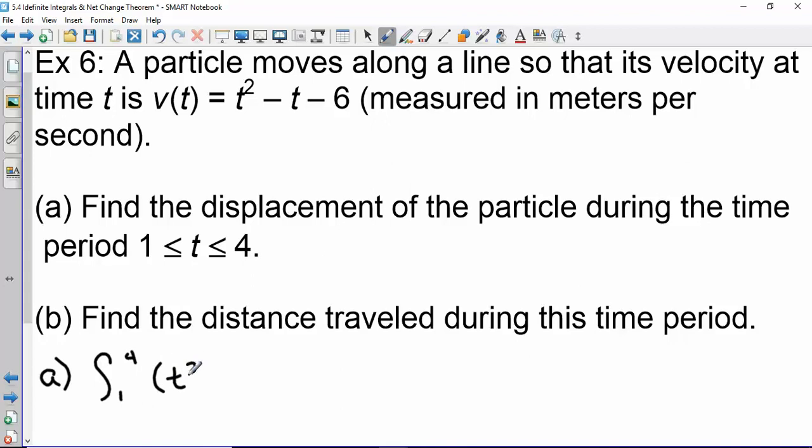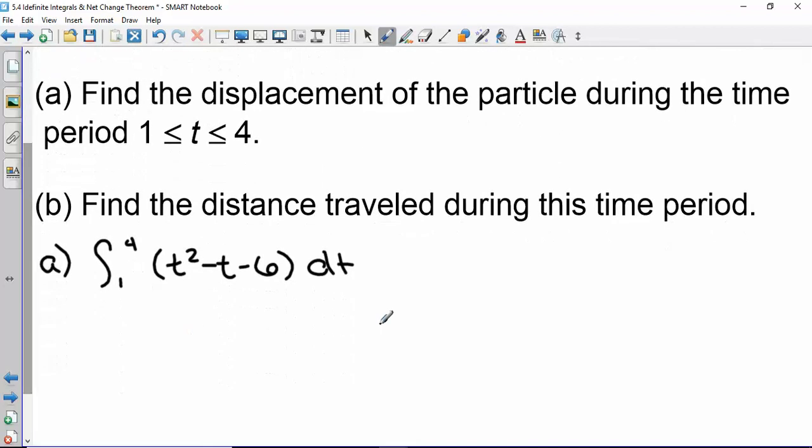My velocity, t squared minus t minus 6. We put a dt on the end of that. So antiderivative of t squared is 1/3 t cubed minus 1/2 t squared minus 6t.